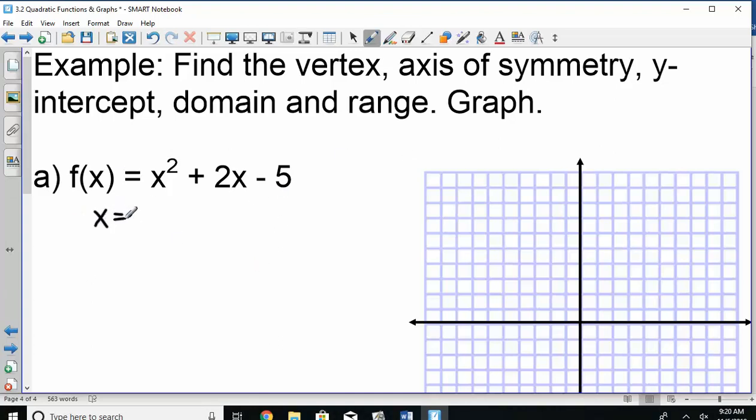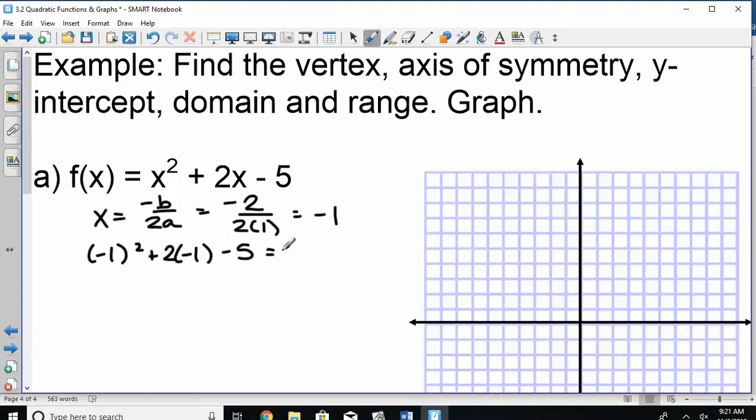So the x value is the opposite of b over 2a. What is my b? 2 over 2 times what's my a? So I get negative 2 over 2, which is negative 1. To find your y, you plug that in. So I get 1 minus 2 minus 5, which is negative 6.